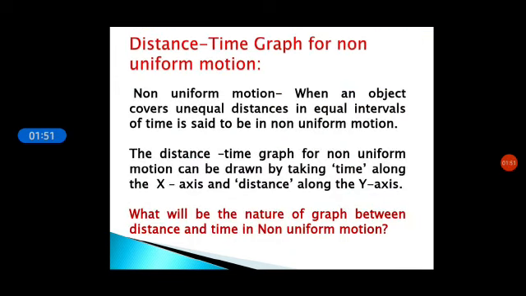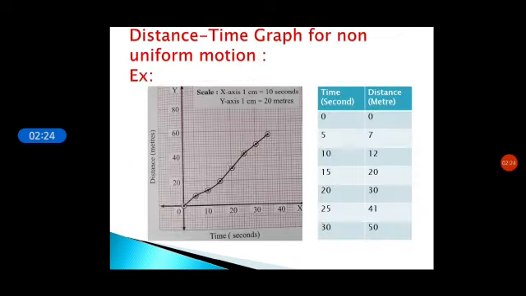Now let us understand the distance time graph for non-uniform motion. When an object covers unequal distances in equal intervals of time, it is said to be in non-uniform motion. When we plot a graph between distance and time for non-uniform motion, let us see whether it has the same nature as uniform motion or not. To get the answer, we will go through an example.